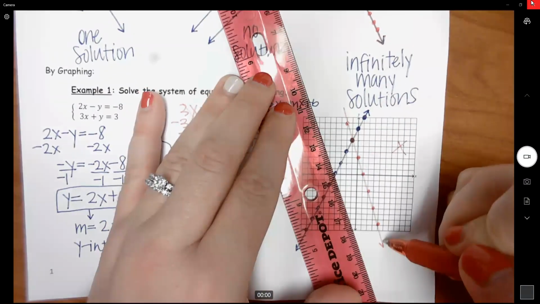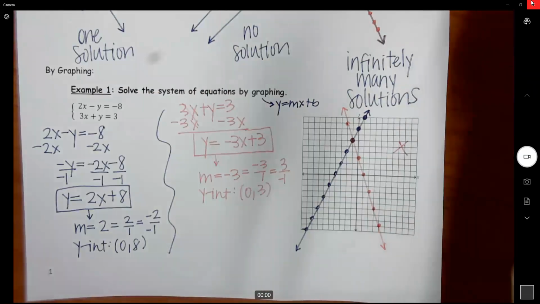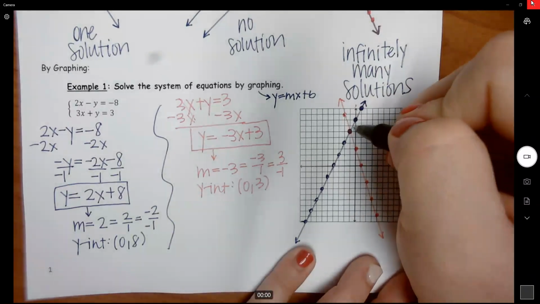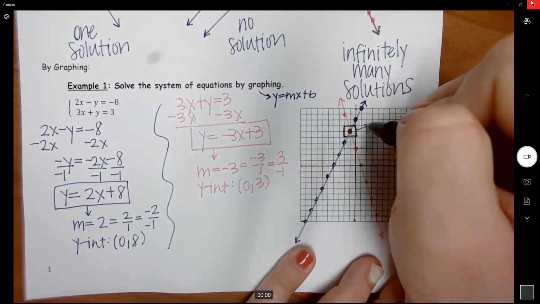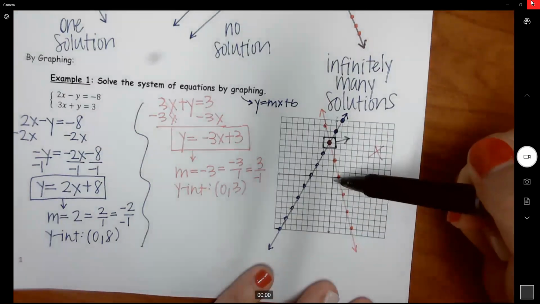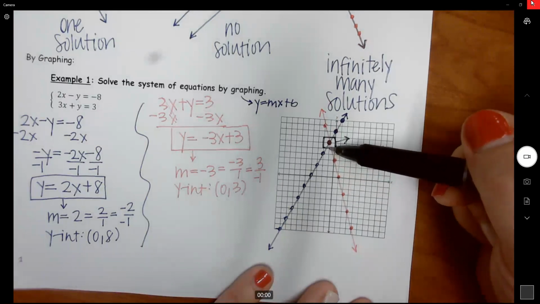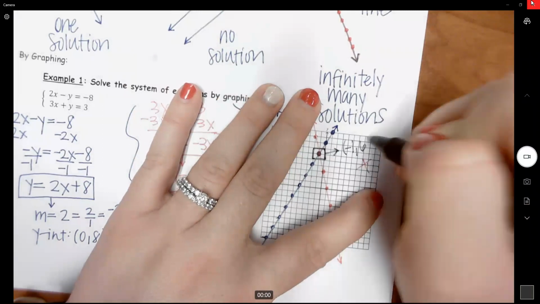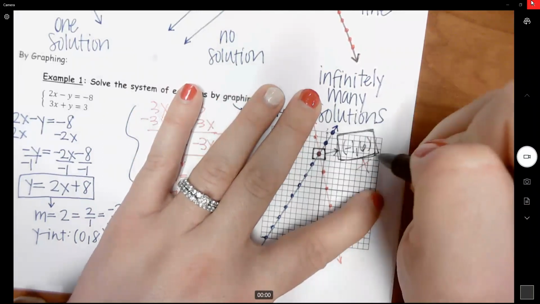But this is my line. And so this is my solution. That is the ordered pair, negative 1, 6. And so there is my answer to this.